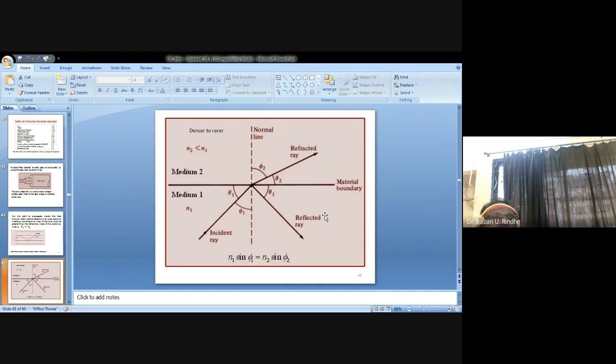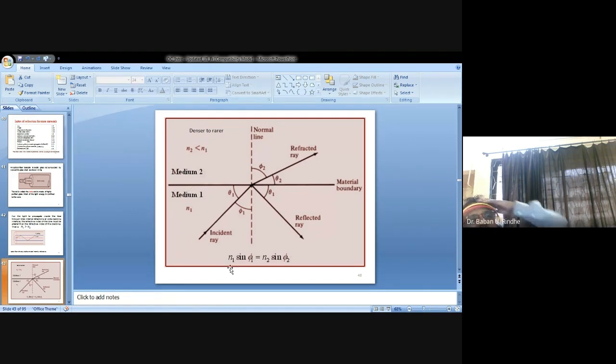Here we have N1 and N2, so N2 is less than N1, meaning the medium N1 has a refractive index greater than that of N2. Definitely we require N1 greater than N2. Here the denser to rarer: suppose this particular plane is rarer, and this is the denser medium.